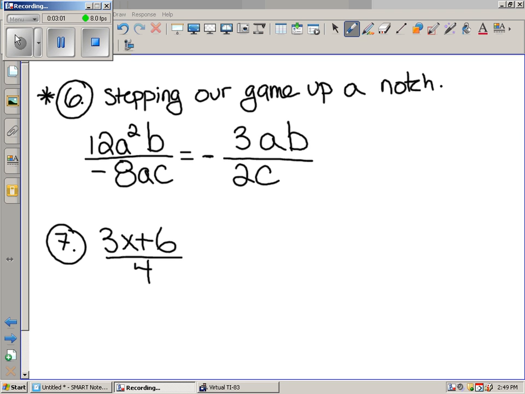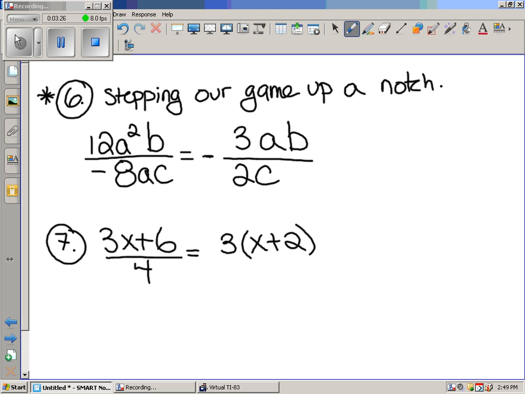So one possible way the problem could be done is that whenever you see something in the numerator, the top, that looks like a binomial, one thing you might want to think about is, can I factor it? What's the greatest common factor of 3x plus 6? 3. So we are going to pull it out.